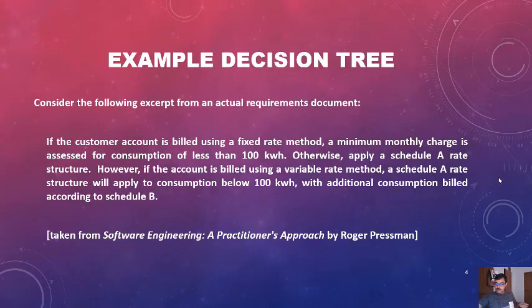Now we will understand it better if we go through an example, and we will find out how to create the decision tree also. Consider the following example. If the customer account is billed using a fixed rate method, a minimum monthly charge is assessed for consumption of less than 100 kilowatt-hours.